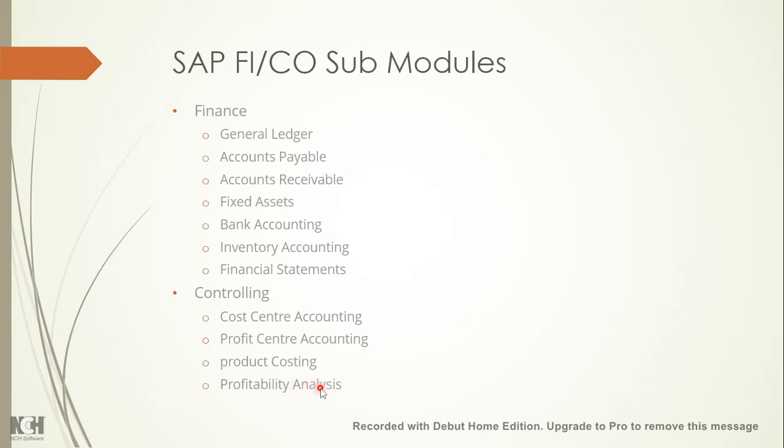Profitability analysis allows you to do that. So you learn here characteristics and value field. Value field is nothing but your revenue and expense items, whereas characteristics are the objects on which you derive your profitability analysis report.